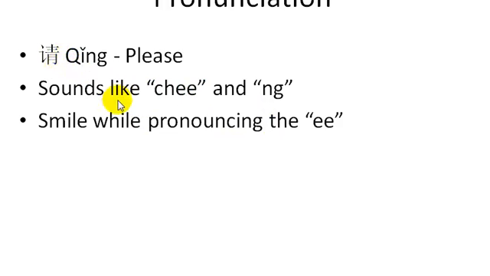So it's actually like saying cheap, but smiling, and instead of putting a P on the end, you put an NG on the end. Qing. And this is third tone. So let's try this together 3 times. Qing, qing, qing.